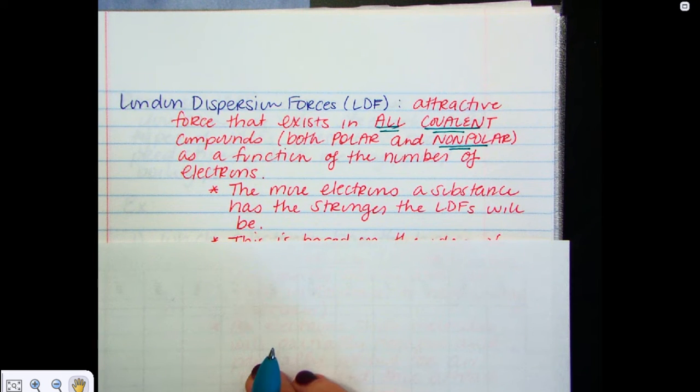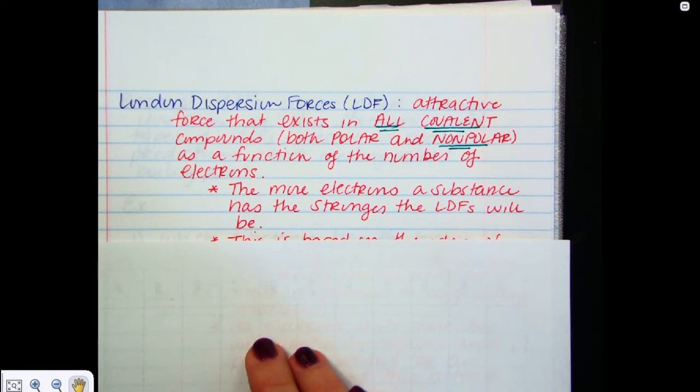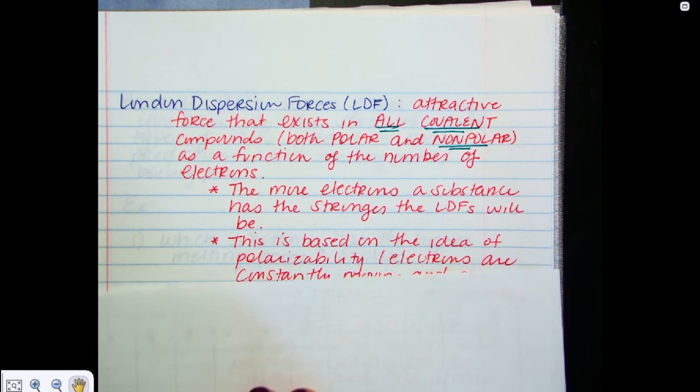You might have more energy required to overcome those London dispersion forces than a smaller molecule's dipole-dipole. So that's where things start to get a little bit tricky. You have to compare multiple factors, and I'll show you some examples of that shortly.